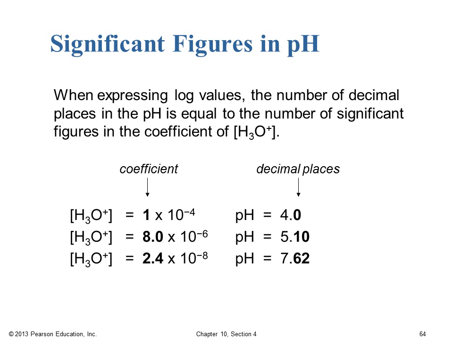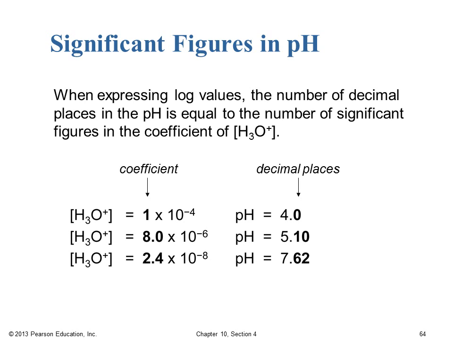Since we are using log scales, the number of significant figures to be reported is determined in a slightly different way. I'm not going to be a stickler on showing the exact number of significant figures, but if you do want to be exact, the number of place values in the coefficient of the H3O plus concentration will be equal to the number of decimal places you are allowed to report in your pH value. In the top one here, we have one number place in the coefficient, so you're allowed to report 1 decimal.